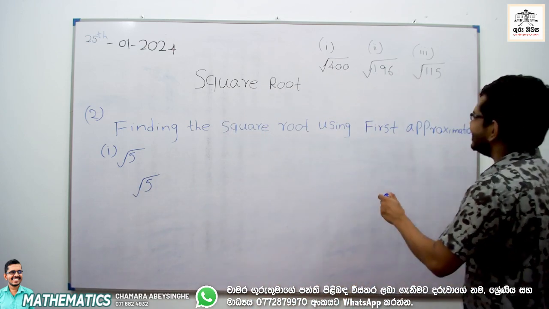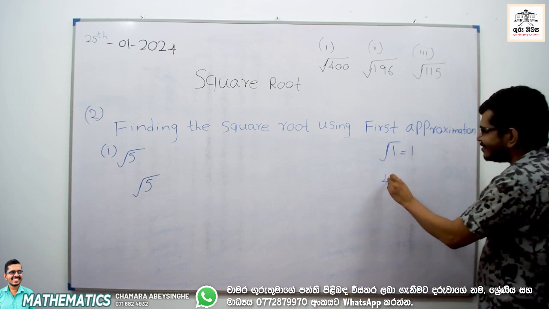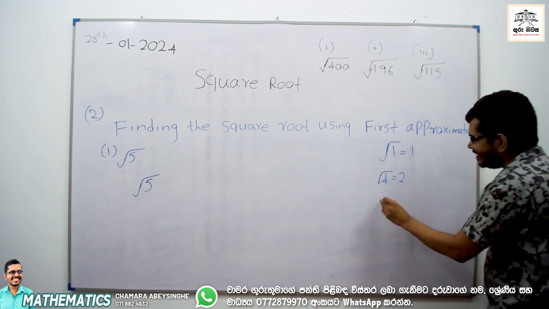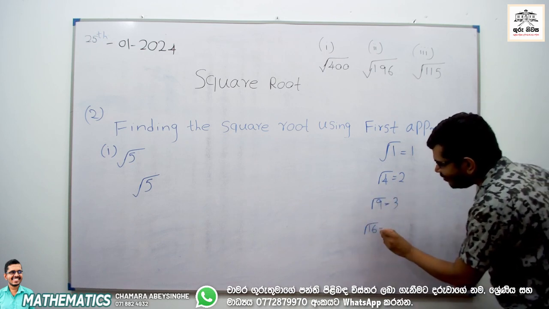ඔයාගේ table එකේ පුතාලා ඔයා consider කරන්න ඕනේ. Square root 1 is 1. Square root 4 is 2. Square root 9 is 3. Square root 16 is 4. Like that.